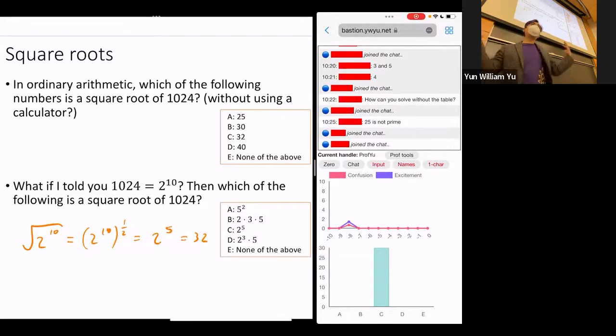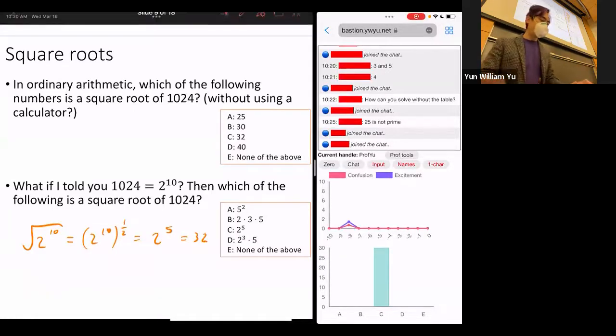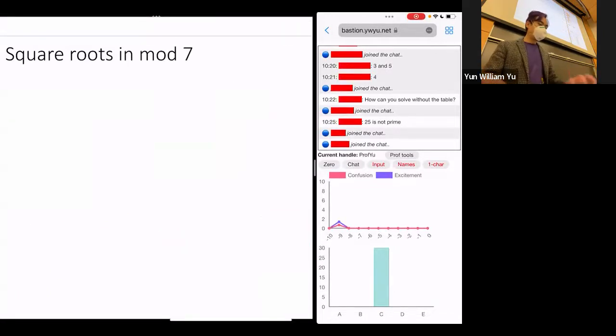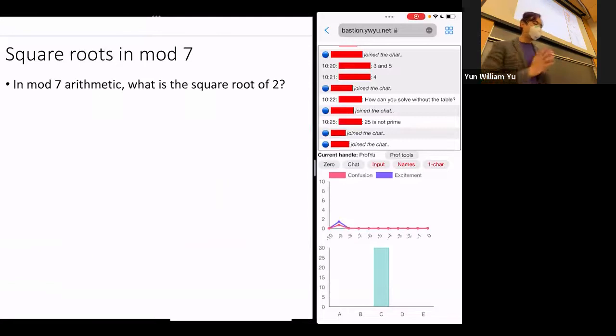Okay, so now suppose I did the same thing for you in mod 7. So let's say that in mod 7 arithmetic, what is the square root of 2? Now, you guys have no idea how to do this, right? Because you could write out the entire table and you could figure it out from there.